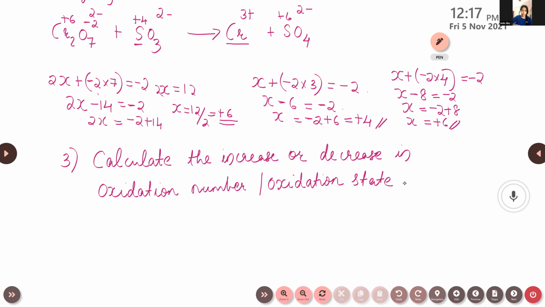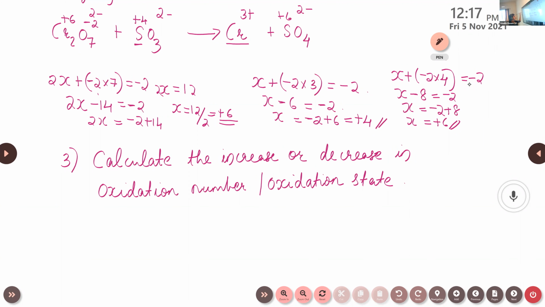Ma'am, what does the minus 2 represent in the last step? The equal to minus 2. Which one? X plus minus 2 into 4? Equal to minus 2 is there in every equation. Here the charge is given as minus 2 in this equation, right? That is not a neutral atom or compound.